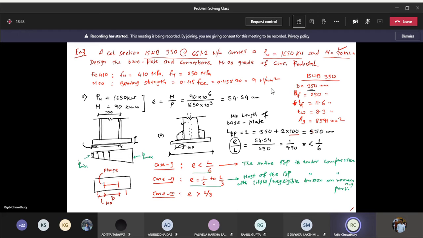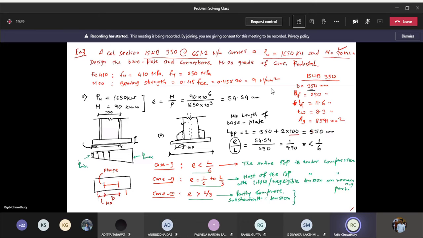Okay. If it is like that, then the base plate is partly under compression, and a substantial portion would be the tension part.